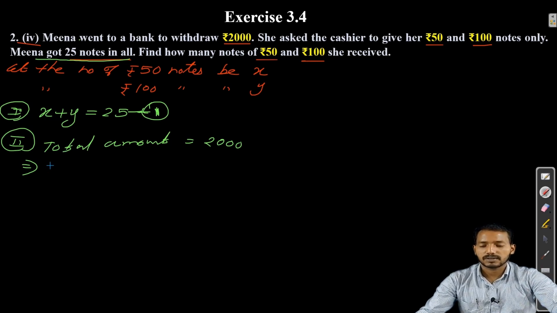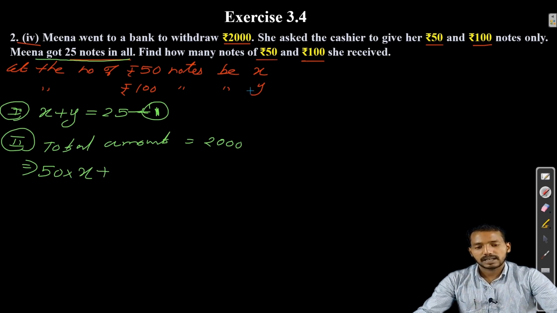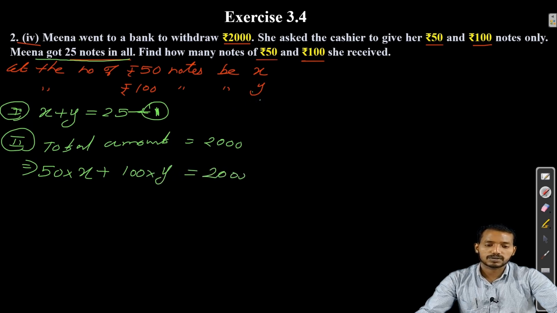That means amount in terms of 50 rupees will be 50 into the number of 50 rupees notes, X, plus the amount she received in terms of 100 rupees currency, that is 100 into Y, which is equal to 2000.